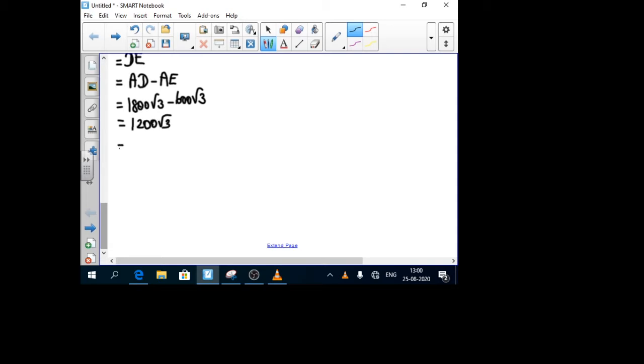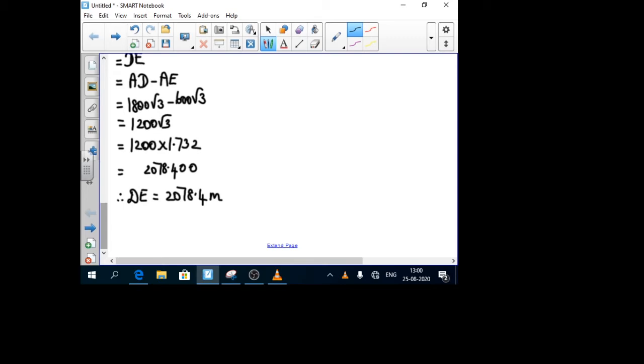In the question itself, they give the value for root 3. So substitute 1200 into 1.732. Multiplying, you are getting the answer as 2078.4. So DE is equal to 2078.4 meter.